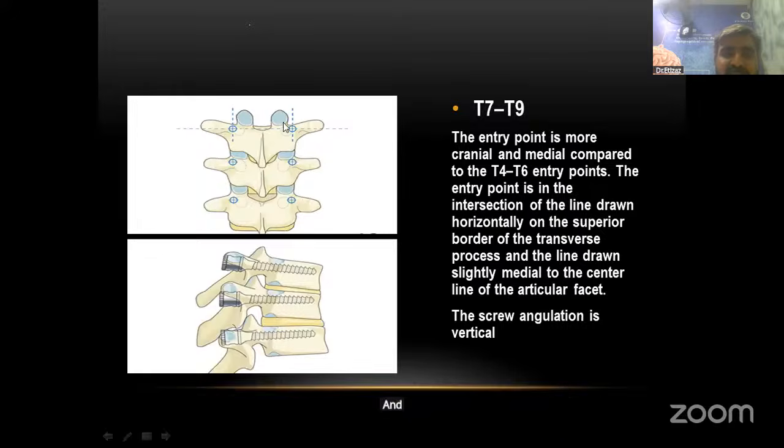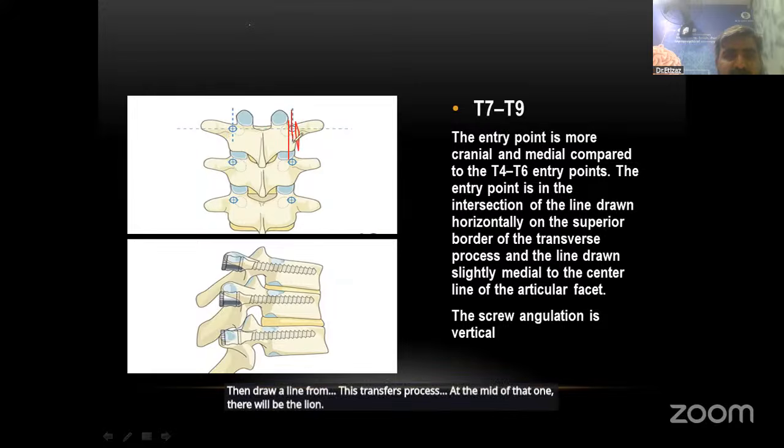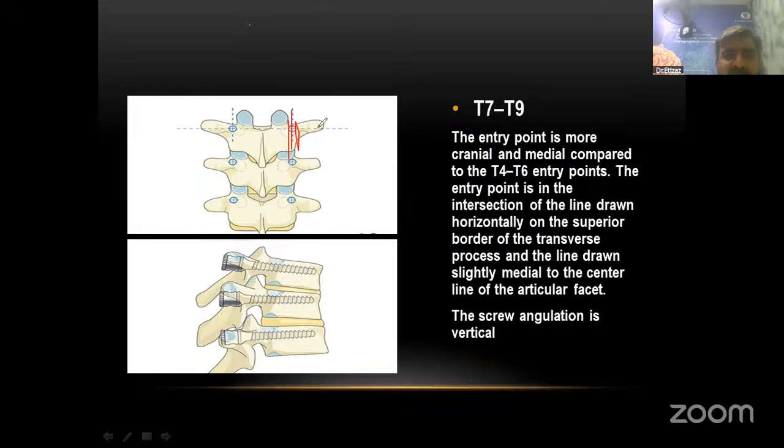And just the axillary part. Now look at here. This is the facet joint. Draw a line from the facet joint over there. Then draw a line from this transverse process. At the mid of that one, there will be a horizontal line in the mid TP.